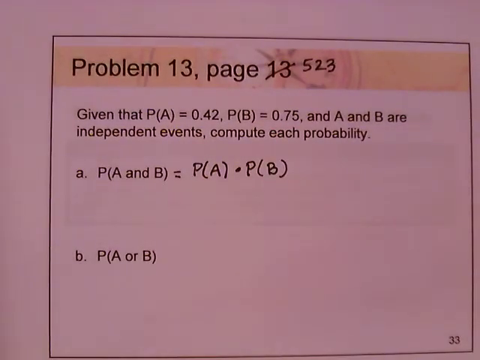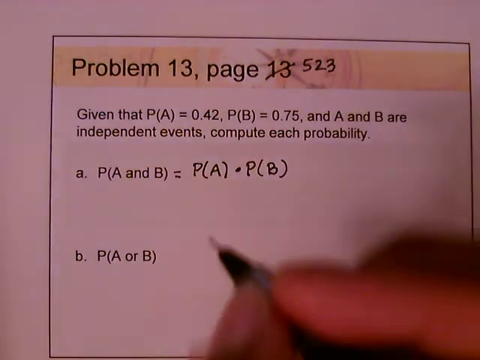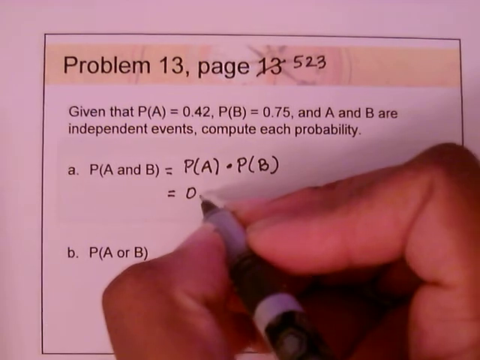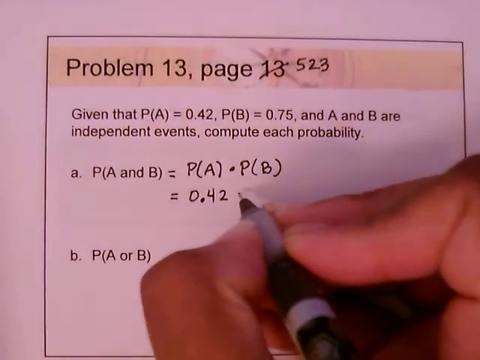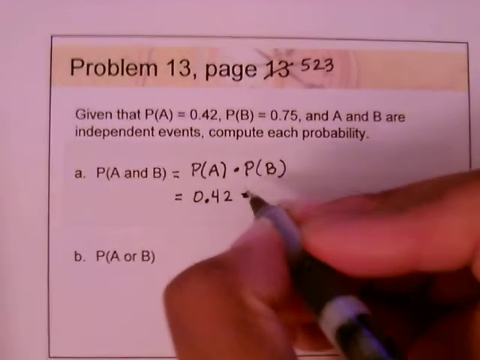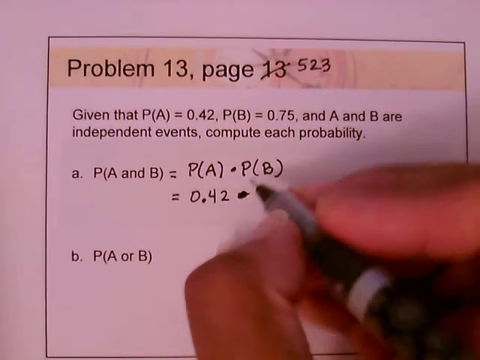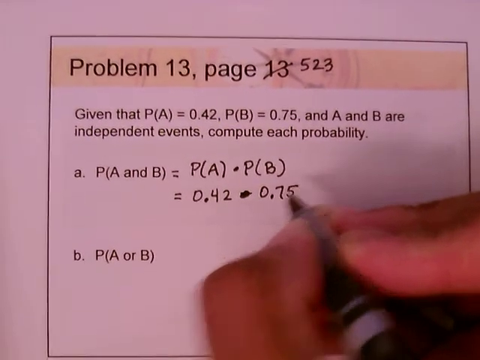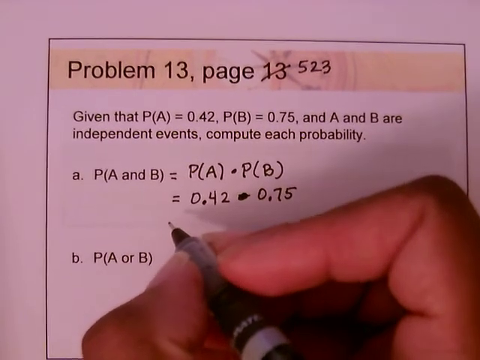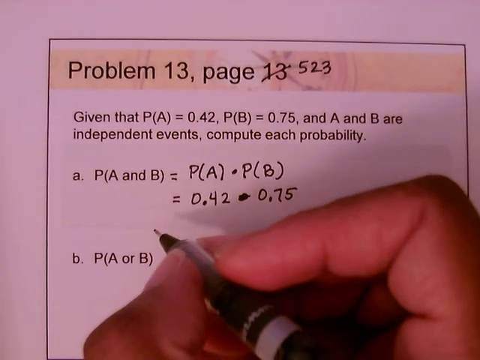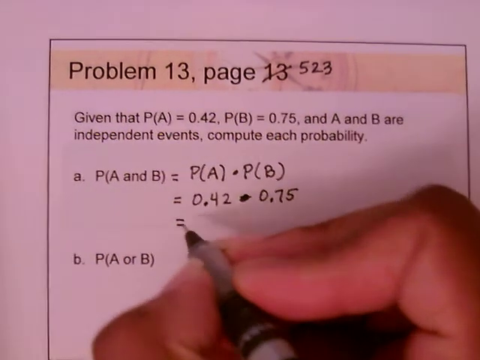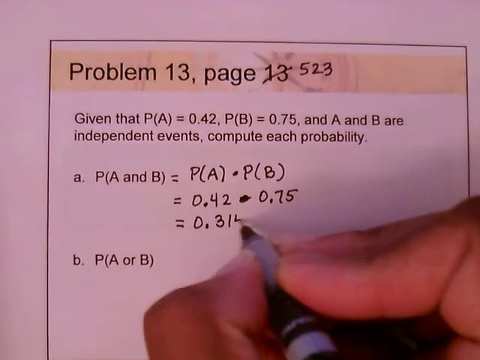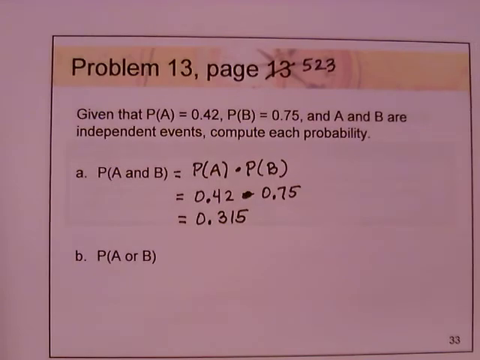So, probability of A would be 0.42 times, that's the times sign, the probability of event B, that's 0.75. If we multiply those two, you'll get to 3 decimal places 0.315. That's the probability of event A and B.